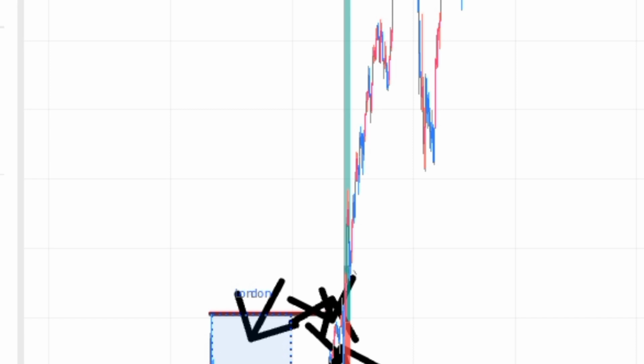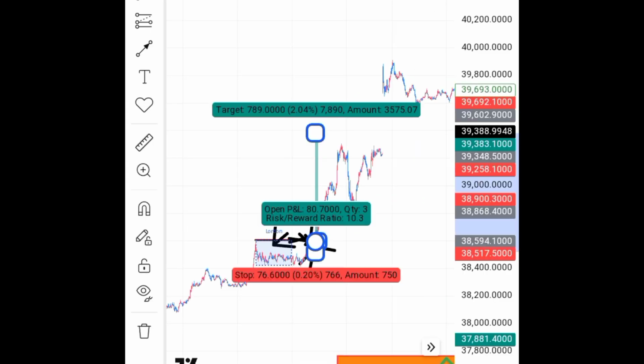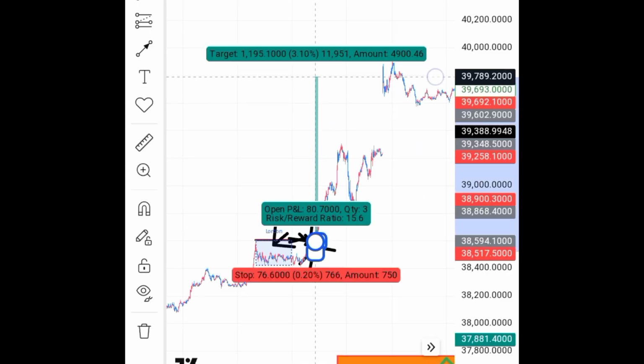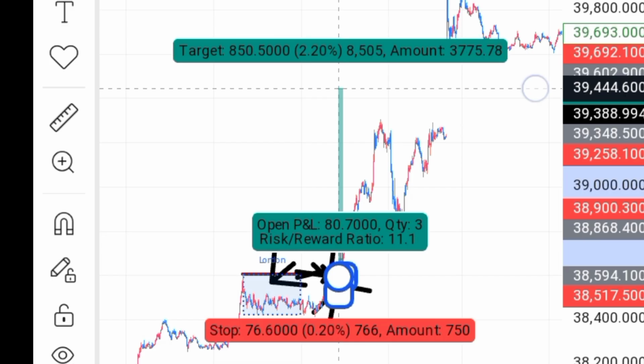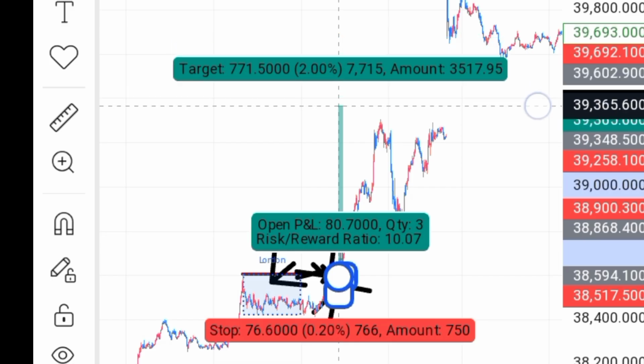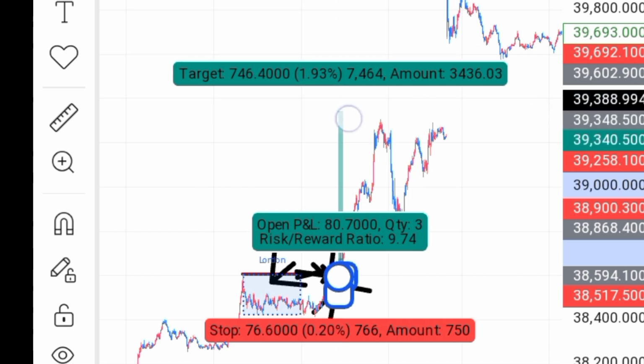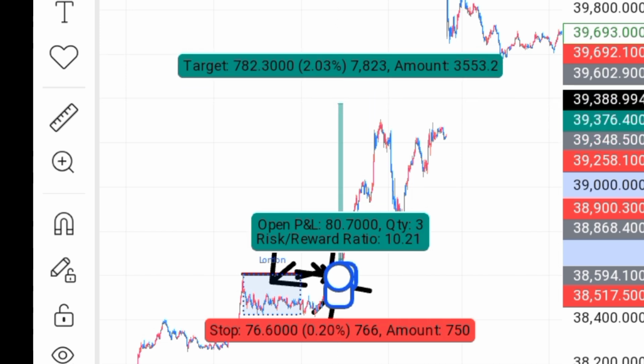So that is just it for this scenario. And your 1:10 was made. Your 1:10 was right there. So this is how you can trade using just the 30 minutes candle, London session highs or lows, and a 3 minutes confirmation entry, and you take your trade to the upside. That's all.